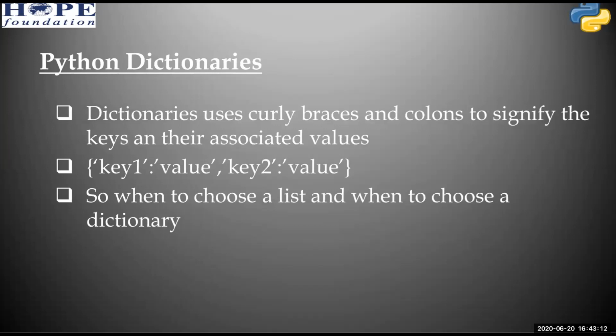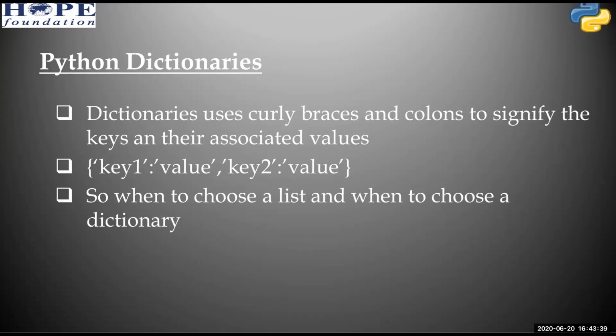So dictionaries use curly braces and colons to signify the keys and their associated values, right? So the dictionary syntax will be like this: first we give the key, which should be a string, and next we give a colon, and next we give the value.